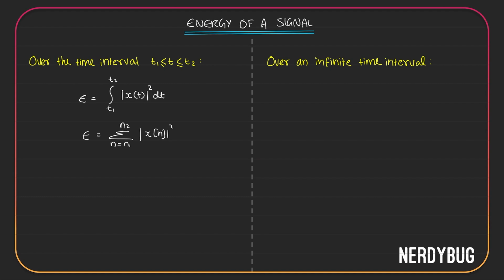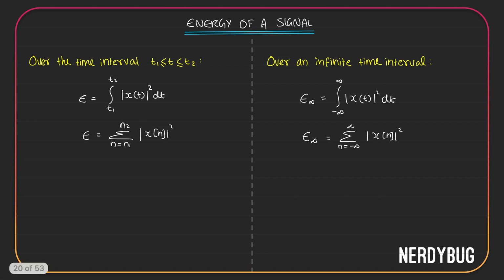Over an infinite time interval, the only difference is that you will be integrating from minus infinity to infinity instead of t1 to t2. So integral from minus infinity to infinity of mod x of t whole square dt. The same way we can define it for discrete time as well. We'll be taking summation from minus infinity to infinity of mod of x of n whole square.